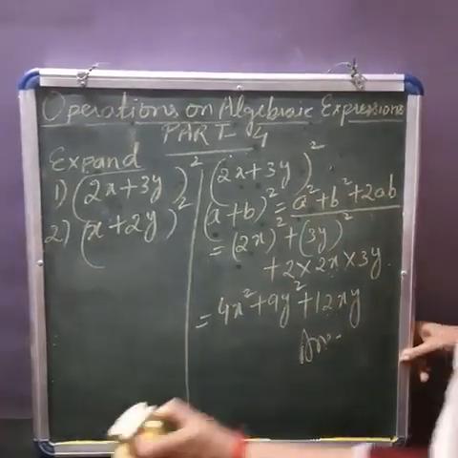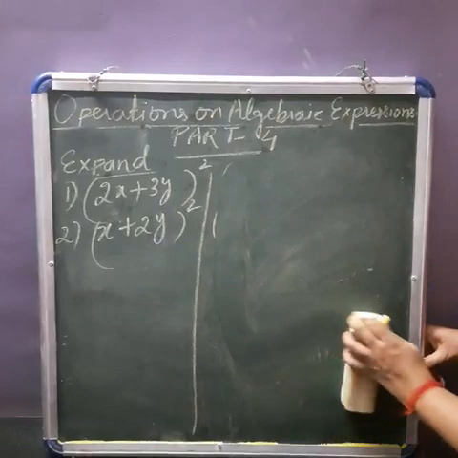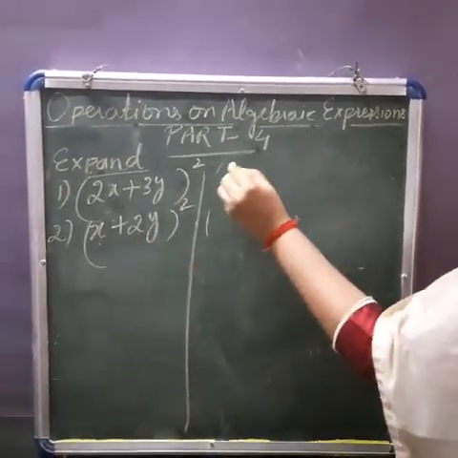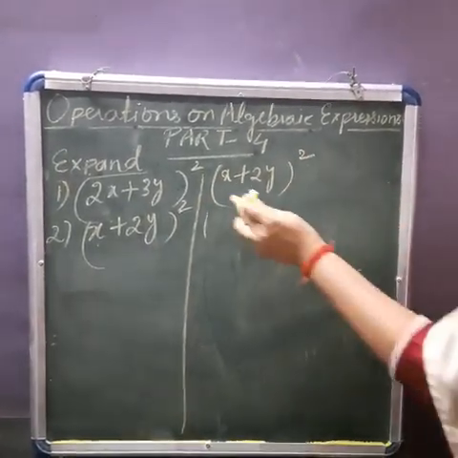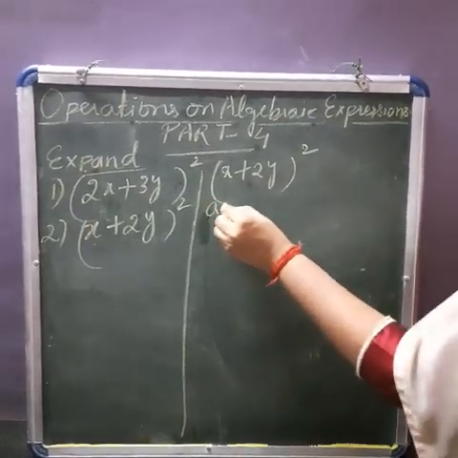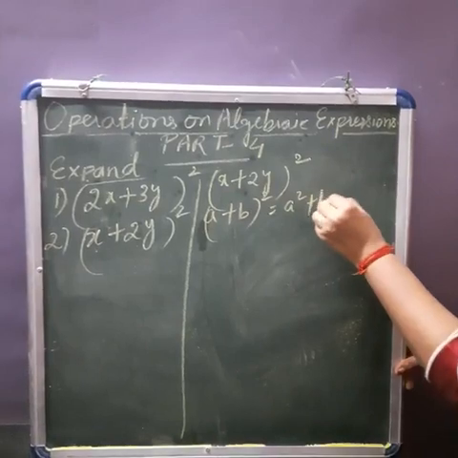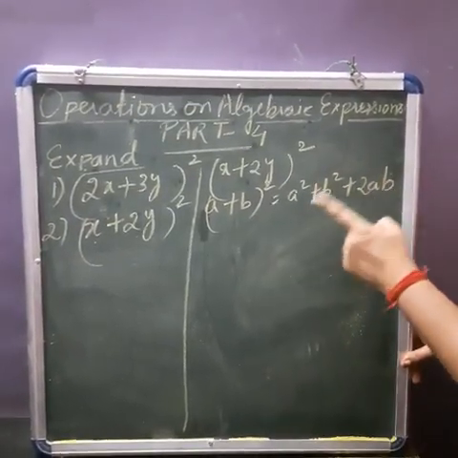Now for question number 2, it is (x + 2y) whole square. Again we have a plus sign over here. We will use the same identity, (a + b) whole square is equal to a square plus b square plus 2ab. These identities you have to learn.